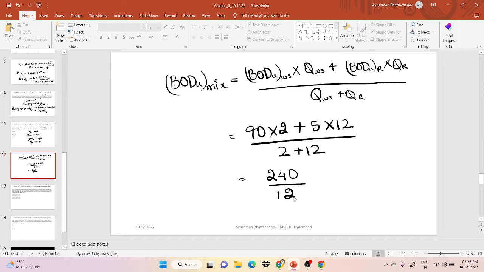So we will get 240 by 14. If we simplify, we can write 120 by 7 milligram per liter. Okay. So this is the BOD ultimate mix.